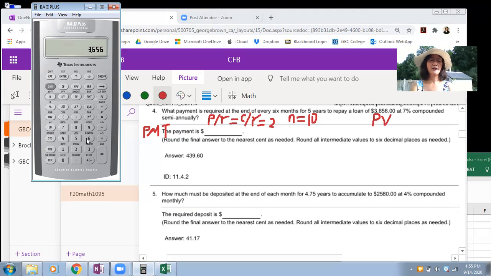Okay. Now enter 3,656. This one is PV, present value. Because this is our top, maybe we get a negative number, I will see, okay? You may need to enter a negative number because this is the amount you borrowed, okay?